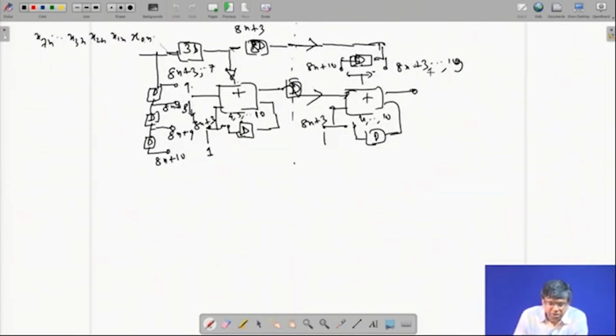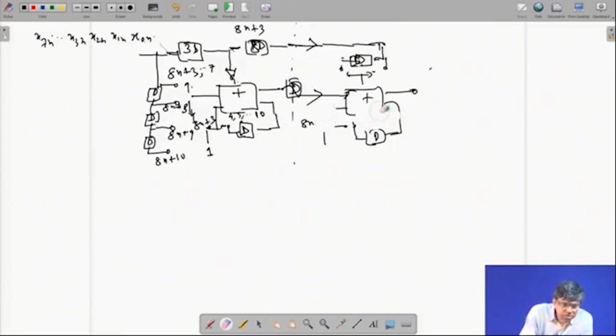So this is 9. But these timings will now change because I have added delay. So earlier it was 3 to 9, now it will be 8n plus 4 dot dot dot dot 9.